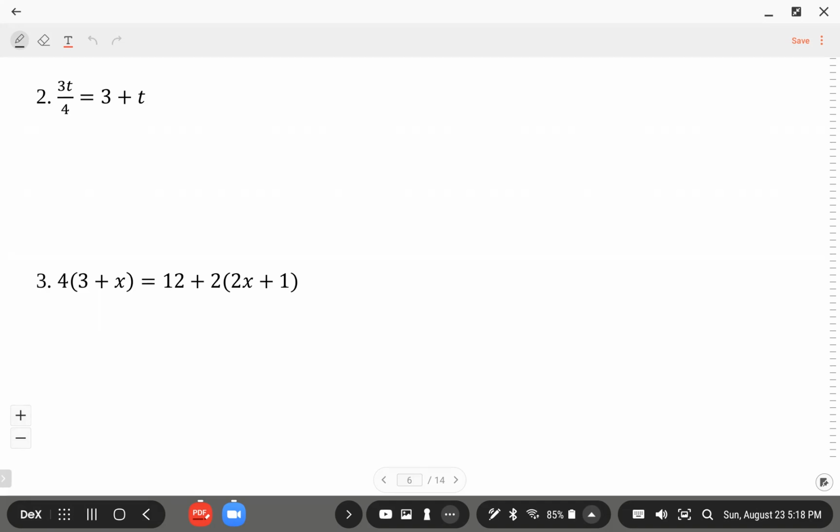Now, we're dealing with a fraction here, right? So can anyone figure out the way to deal with this fraction? So please put your answers in the chat box. Then I'll check. Okay? So please put your answers in the chat box.